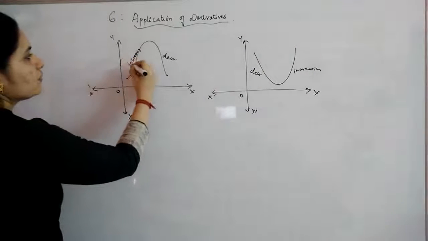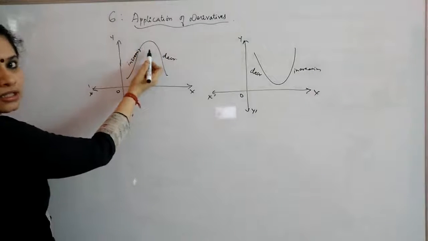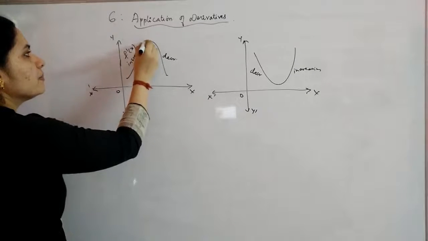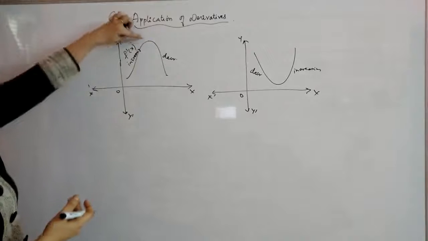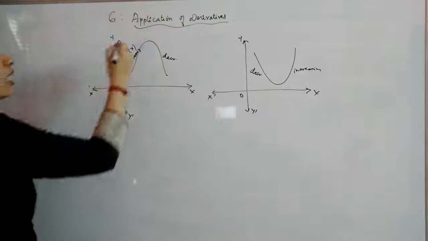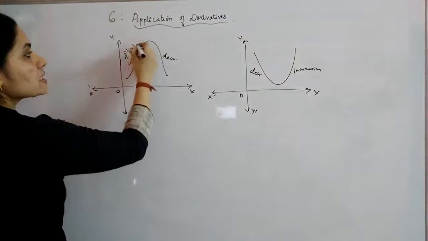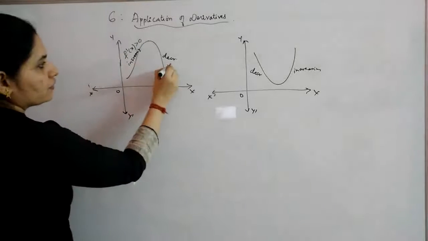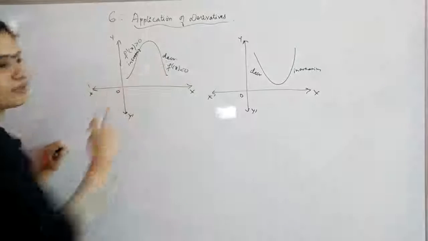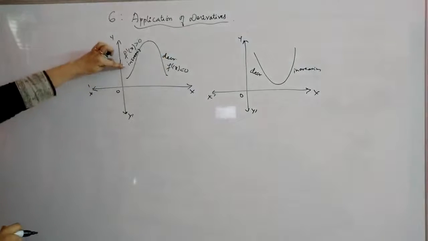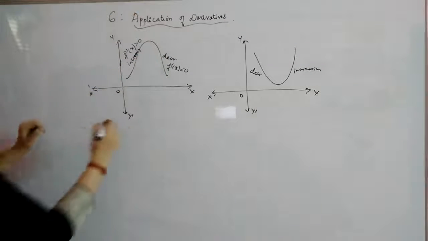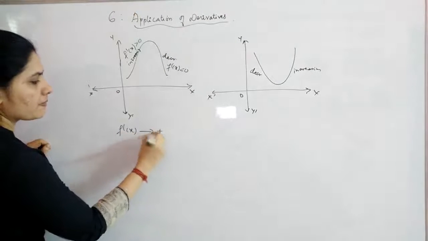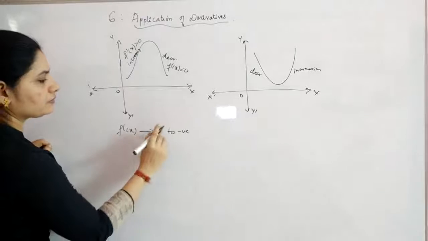So here, if we say this is a hill, I can say that it has its maxima. Okay, now how? When the function is increasing, f dash of x is greater than 0, and if f dash of x is less than 0, you will say the function is decreasing. Now in between, going from increasing to decreasing, the function's derivative is changing from positive to negative.